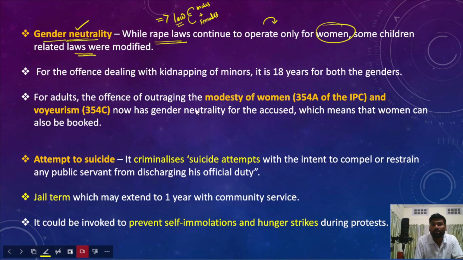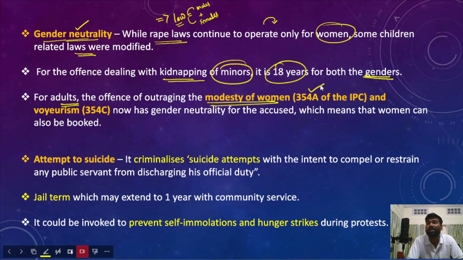For the offenses dealing with the kidnapping of minors, it is 18 years for both genders. And for adults, the offenses of outraging the modesty of women, mentioned in section 354A of the IPC, and voyeurism, 354C, now have gender neutrality for the accused.